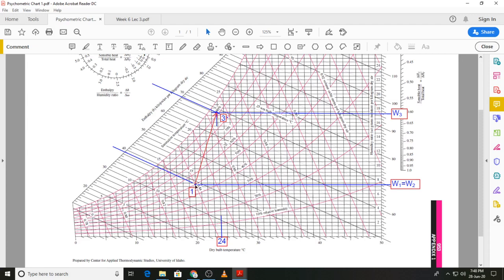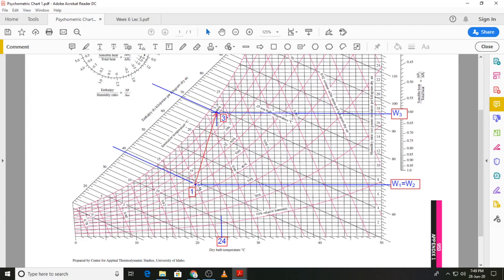So that's state 1. At state 1 we can read the humidity ratio, that is W1, which comes out to be around 7.3 grams per kilogram dry air, which you can convert into kilogram per kilogram dry air by dividing it by 1000. At the same point you can see that the specific enthalpy is 39 kilojoule per kilogram dry air.